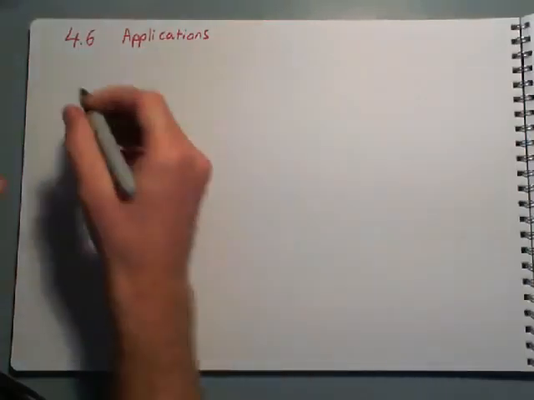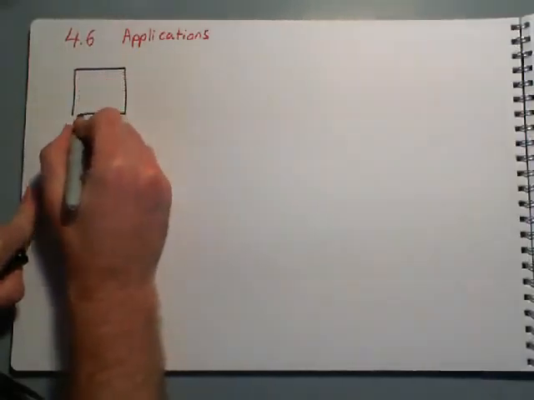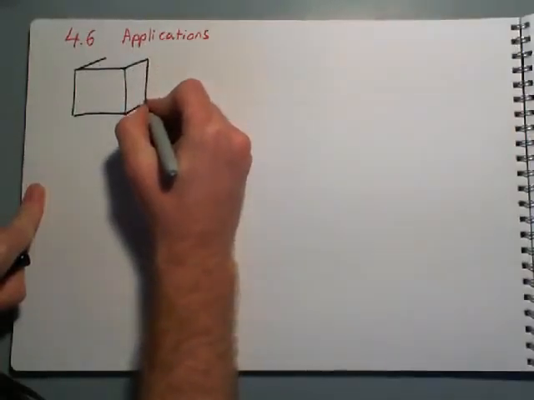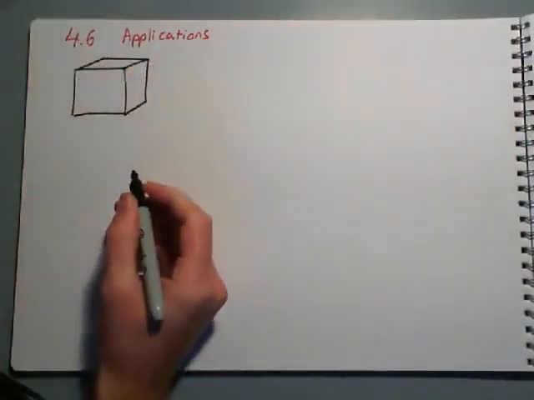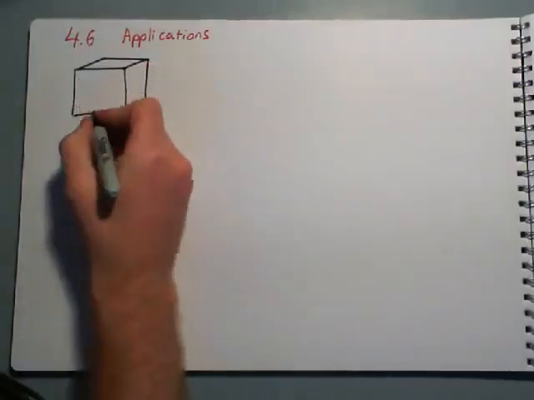Just an example, example 18. We've got a rectangular storage container. It's designed to have an open top and a square base. Here's my container. It's got an open top and a square base.